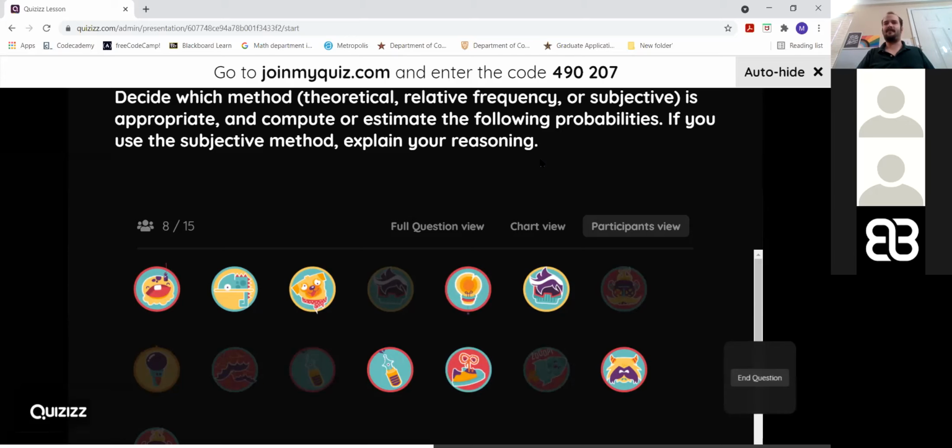Subjective is so silly. I don't even know I have that in the book. It's like, I think this is going to happen. That's not what we're doing. I'm interested in objective truth. Oh, come on, this is 50-50 between those first two. We have a 50-50 probability of getting this right.